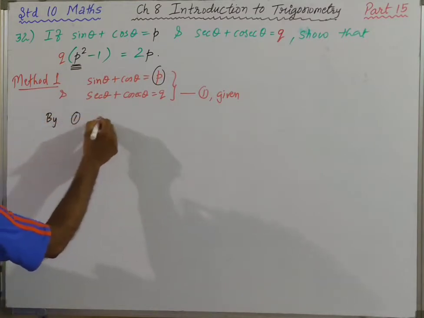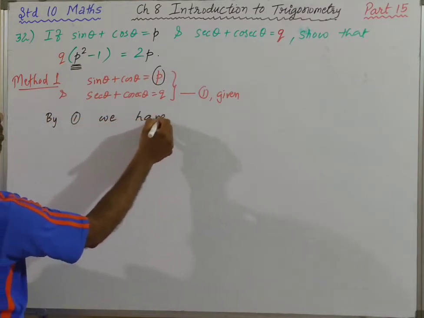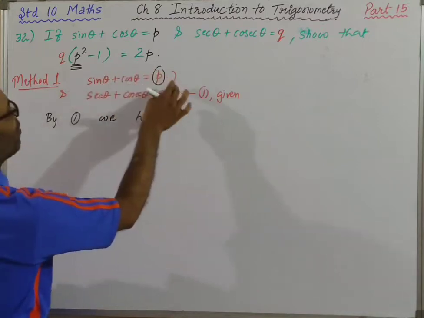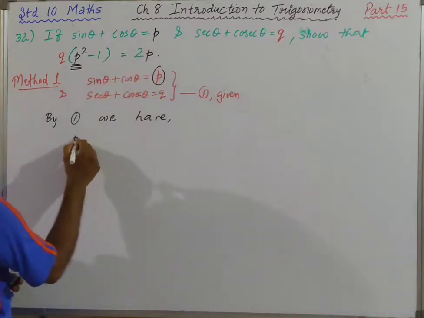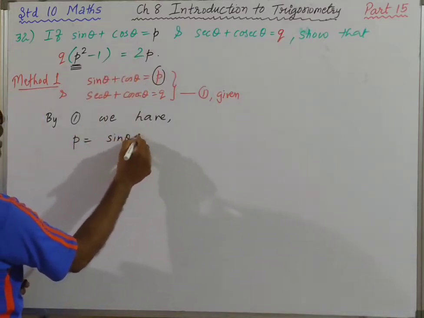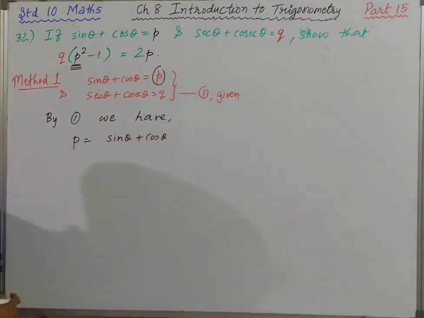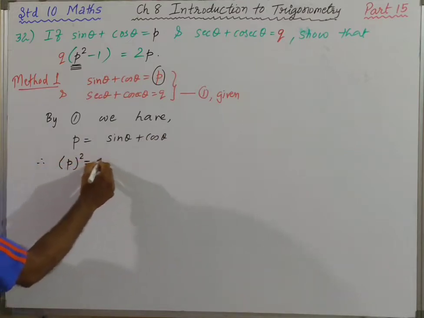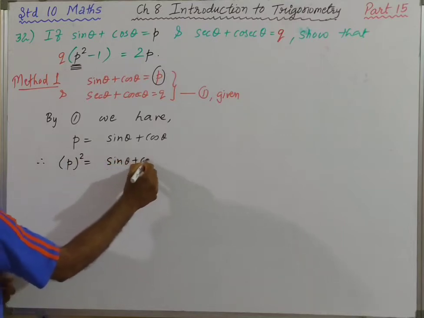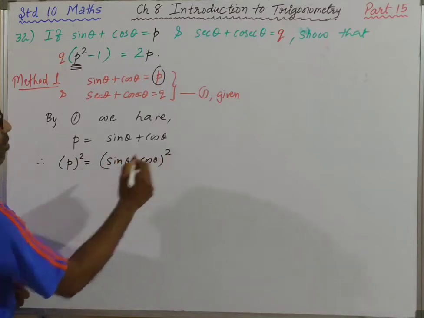By 1 we have, well, left hand side is equal to right hand side. I'm going to use symmetry. P is equal to sine theta plus cos theta. Squaring both sides, therefore, square of P is equal to sine theta plus cos theta whole square.